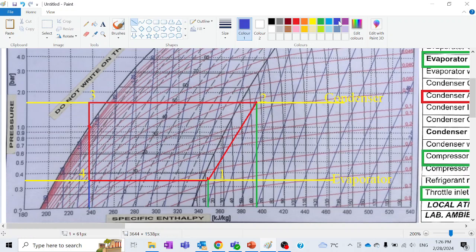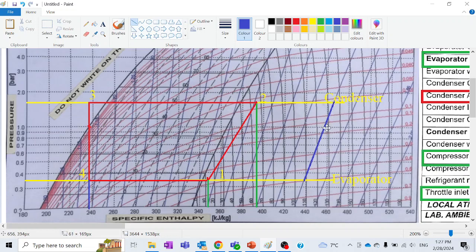Another piece of information that you need to know is how to find the isentropic efficiency. We know that isentropic efficiency means that once the refrigerant enters the compressor, it should be compressed isentropically, and the isentropic lines are provided here. We can see these lines can be traced something like that.